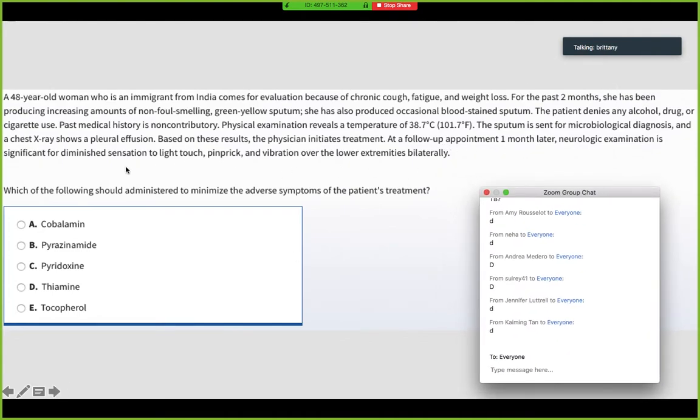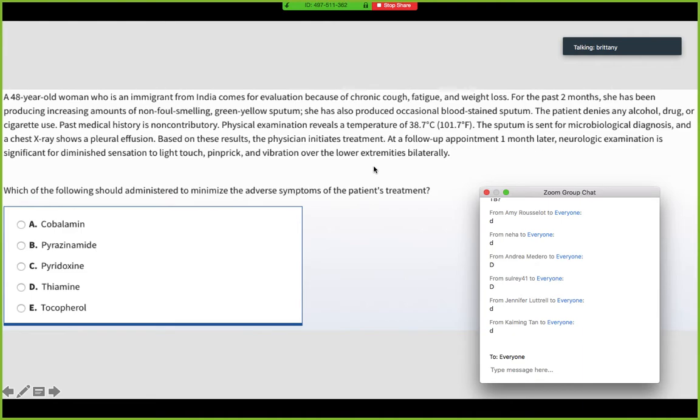So you have a 48-year-old woman who is an immigrant from India, comes in for evaluation because of chronic cough, fatigue, and weight loss. For the past 2 months, she has been producing increasing amounts of non-foul smelling green-yellow sputum and also occasional blood-stained sputum. Denies alcohol and drug use. Past medical history doesn't contribute.